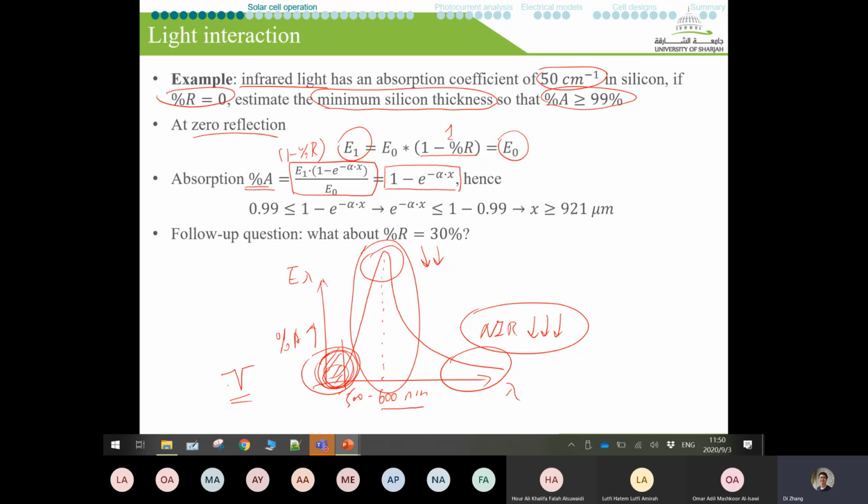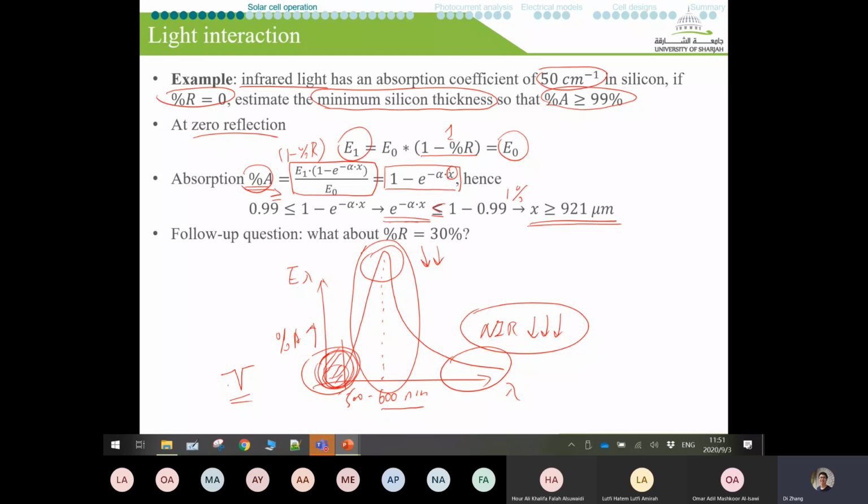Okay, so we just need to find how much is the x here if the absorption percentage should be larger or equal than 99%. Okay, so we have here the exponential term should be less or equal than only 1%. Okay, which is only 1%. And if we solve this exponential equation, you can see how much is the thickness.